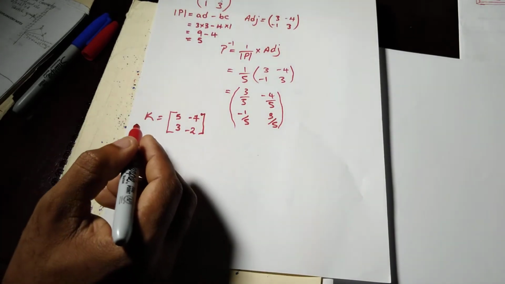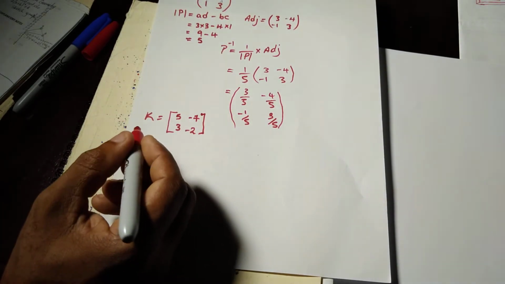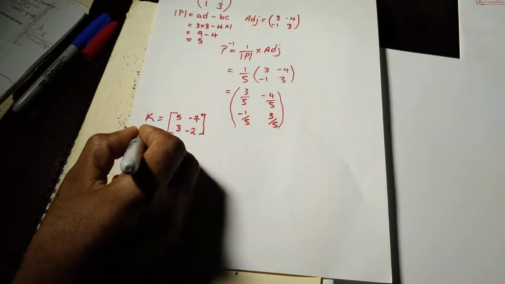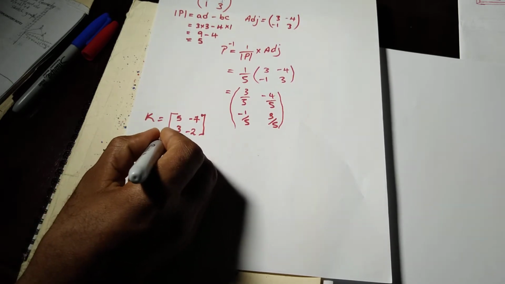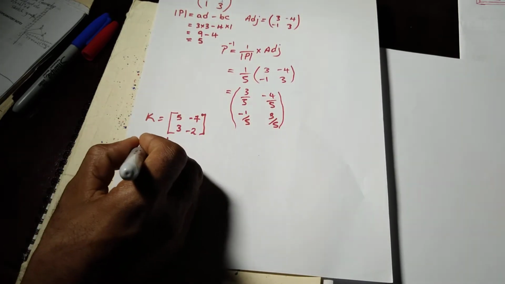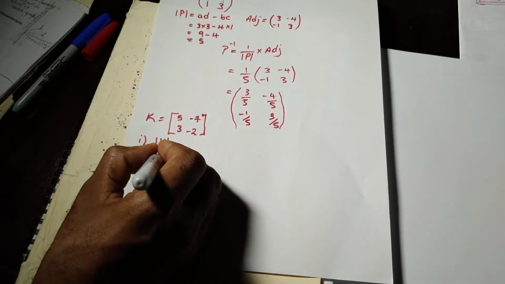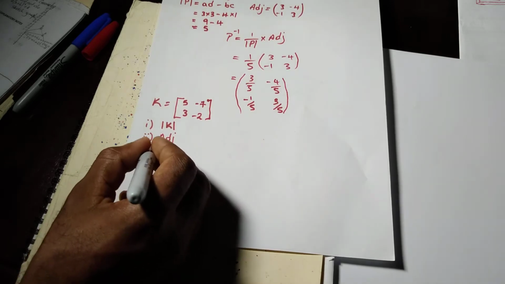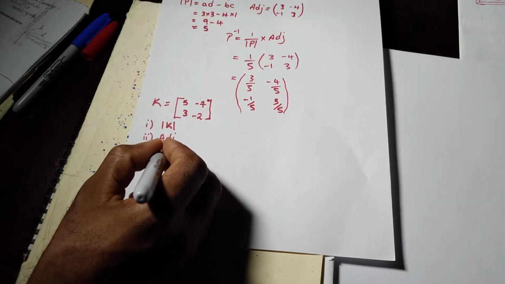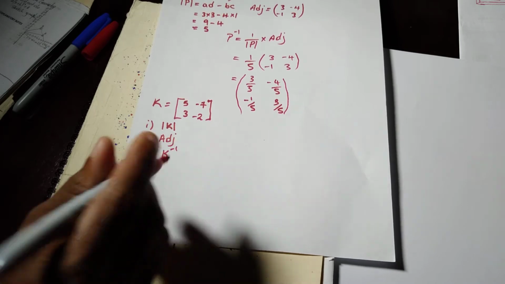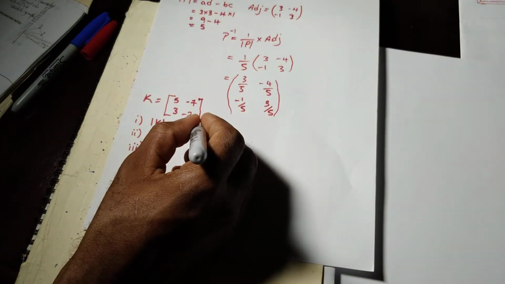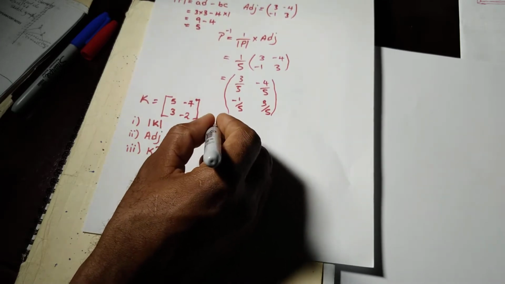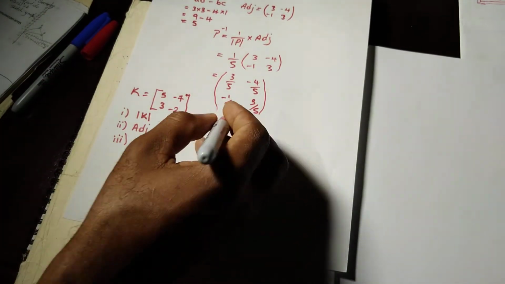We need to find, first, the determinant, then the adjoint, ADJ for short, and hence the inverse, as in P, but K to the minus 1. So the first thing we're going to find is the determinant. Sorry about that.